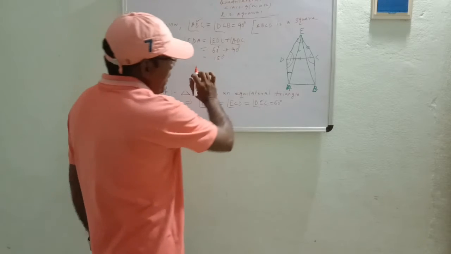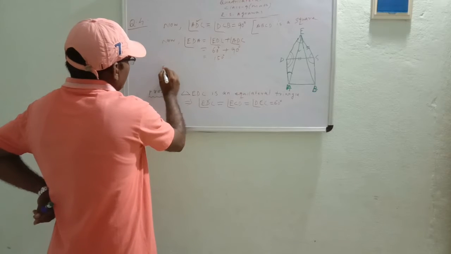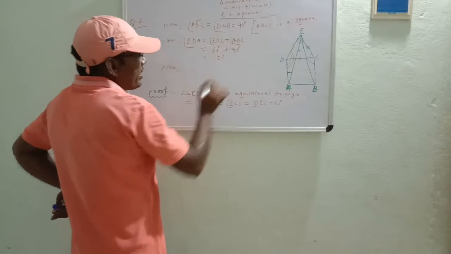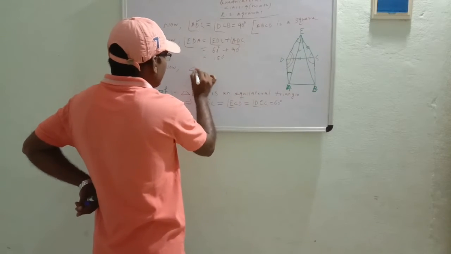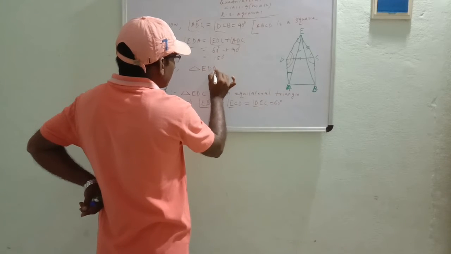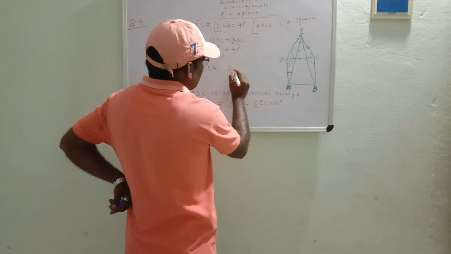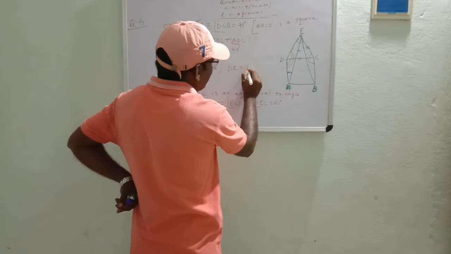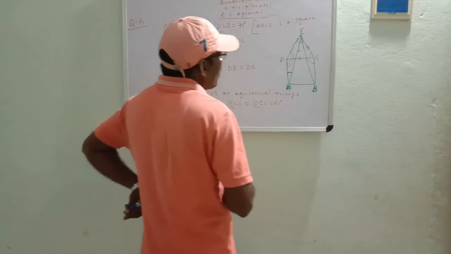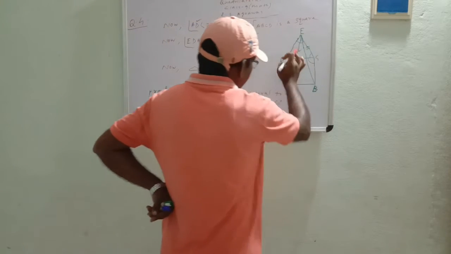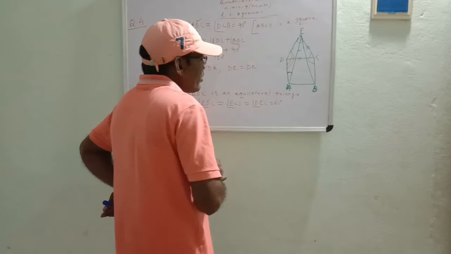Now in triangle EDA, DE equals DA. What is the reason? The reason is that DE is the side of the equilateral triangle and DA is the side of the square.